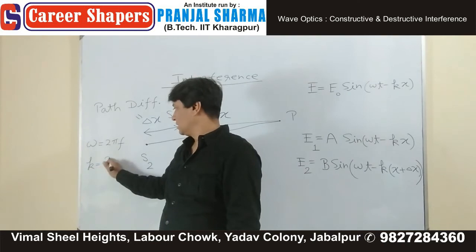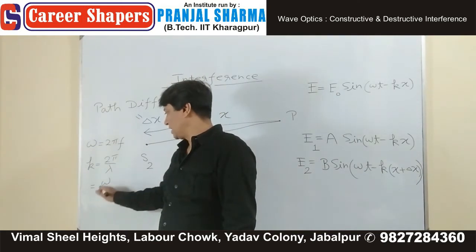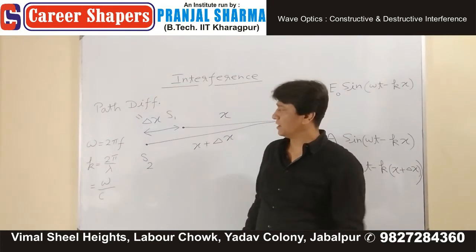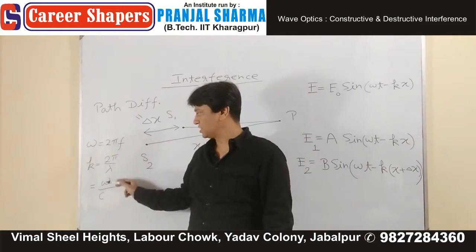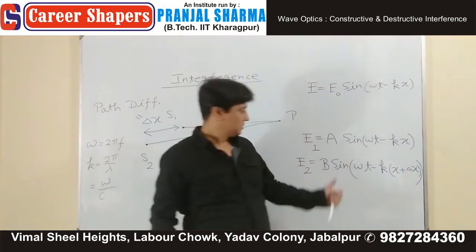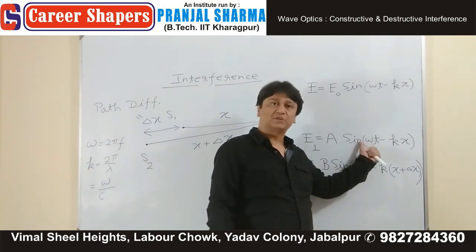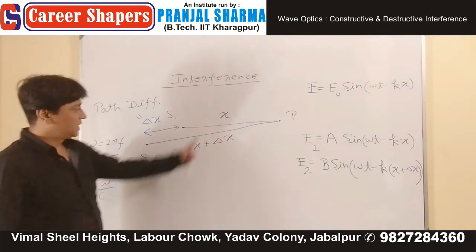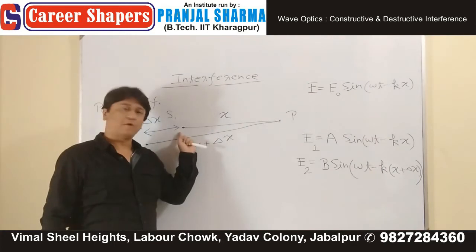K is 2 pi upon lambda, or omega upon c, where c is the speed of light. Speed of light is the same for S1 and S2, omega is the same for S1 and S2, and therefore we are using the same omega and k for S1 as well as for S2. The only change is in this value of the distance of point P from the source.